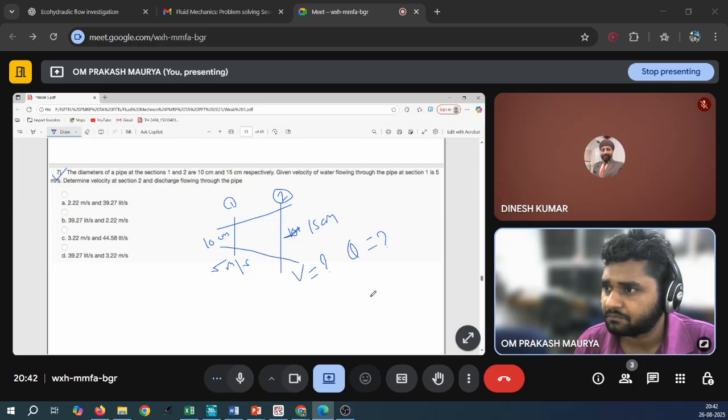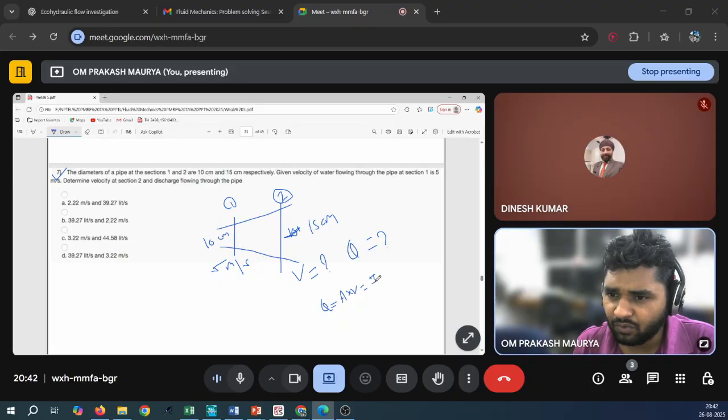As you know, the discharge is equal to area into velocity, and area will be pi by 4 into d square. So pi by 4 into d square into velocity, from here you can calculate your discharge very easily.